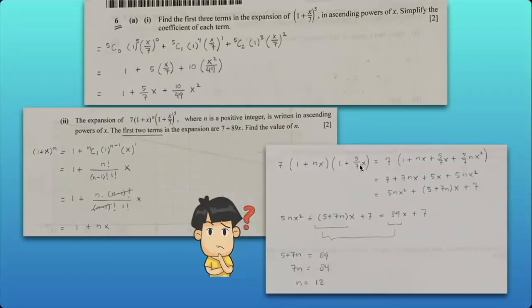Okay, so multiply them and then simplify and group them based on the power of x to get this expression, and then equate this to 89x + 7. That is given. Okay, so this is given in the question.